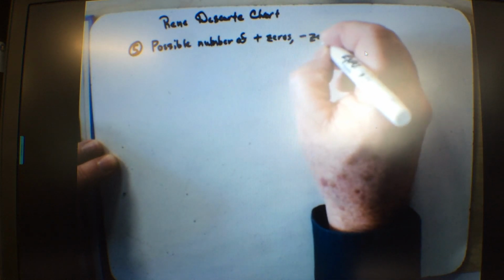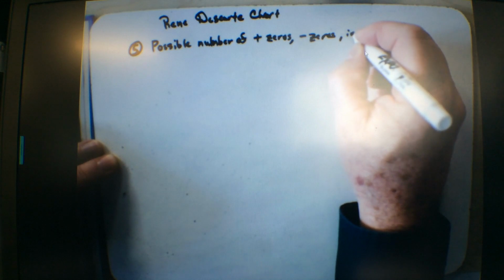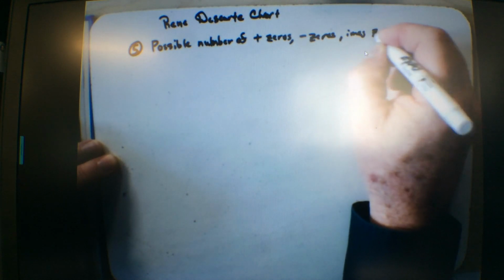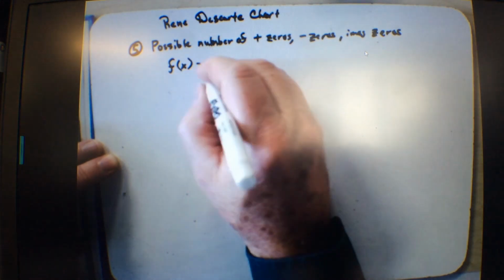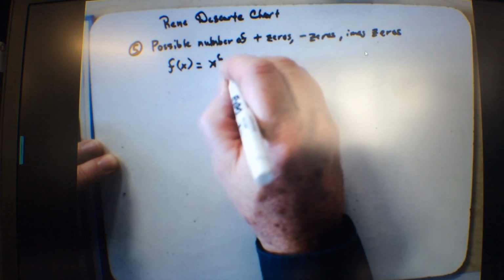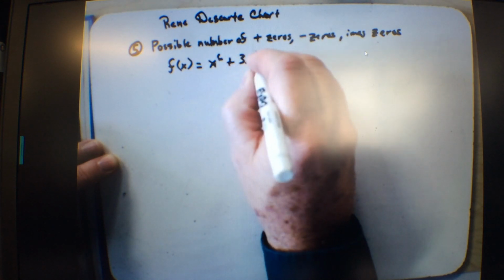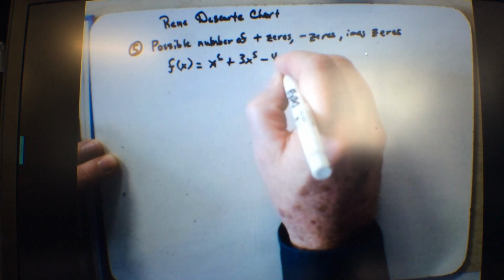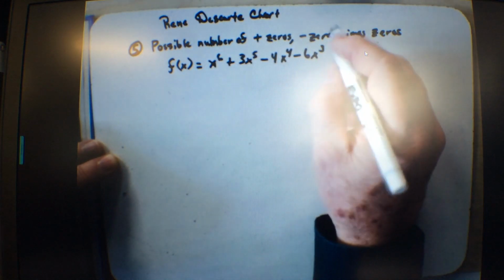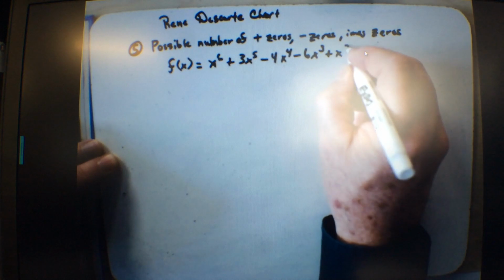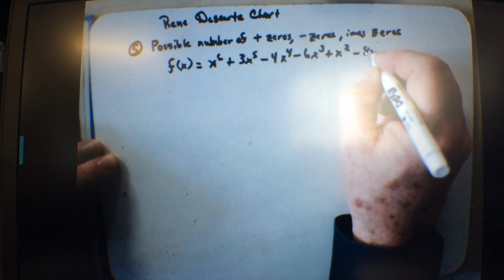Negative zeros and imaginary zeros. Okay? That's what we're going to do. And here's your function. F of x equals x to the 6th plus 3x to the 5th minus 4x to the 4th minus 6x cubed plus x squared minus 8x plus 5.